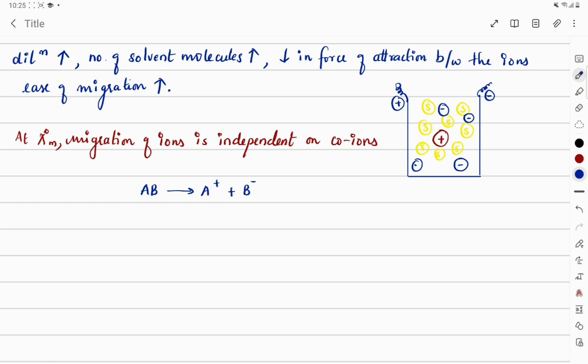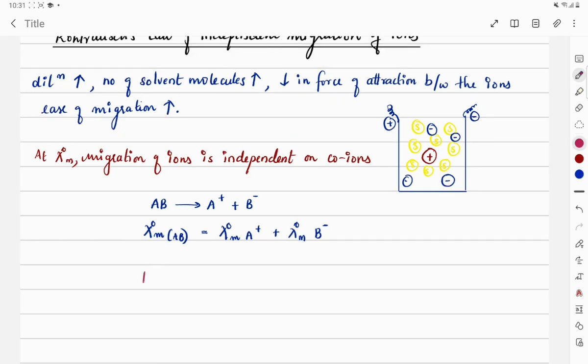The molar conductivity at infinite dilution for AB can be written as the sum of the molar conductivity at infinite dilution for A plus and for B minus. Because they are independent of each other, they can be summed separately.